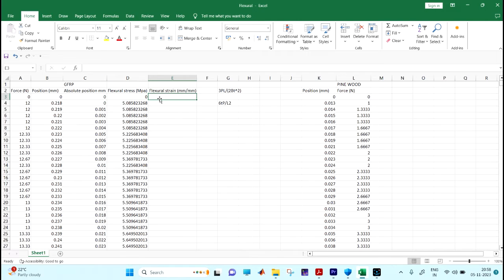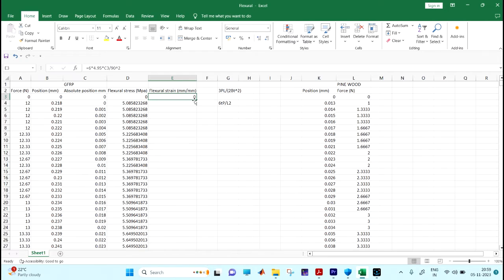Similarly, we are going for the flexural strain, that is 6 into thickness, 4.95, into position. Sorry, I have written P in the formula, but that is position. The position is this absolute position divided by span length square, that is 90 square.